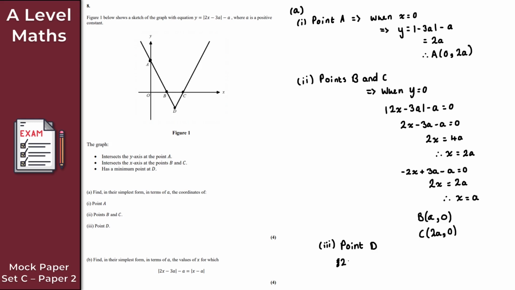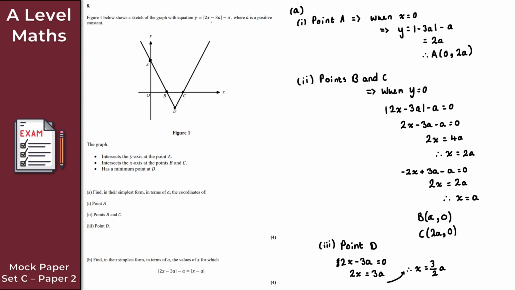So 2x minus 3a is equal to 0. Just solve for x. So 2x is equal to 3a, and therefore x is equal to 3 over 2a. And now for the y coordinate, that would simply be minus a.